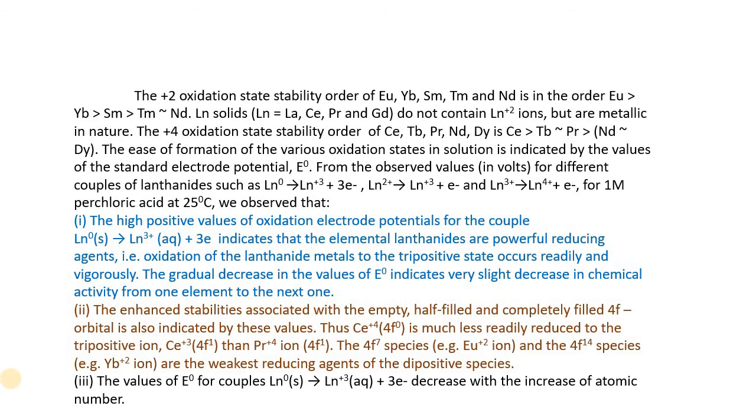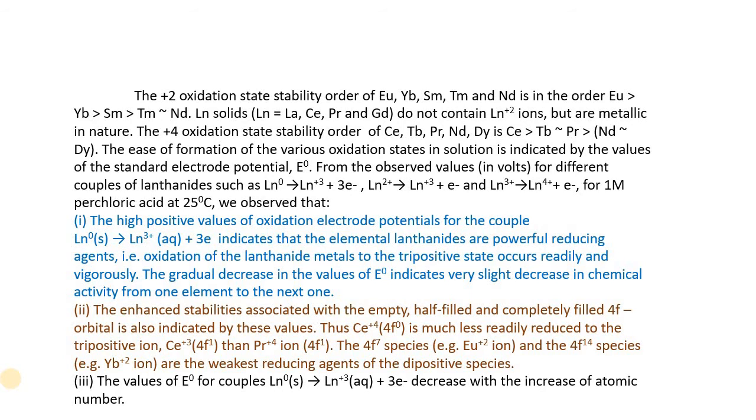Lanthanide solids do not contain the ion because they are present in solid state. The +4 oxidation state of cerium, terbium, etc. is in the order. The order is given. Cerium has maximum stability of +4 oxidation state. Dysprosium has the minimum.